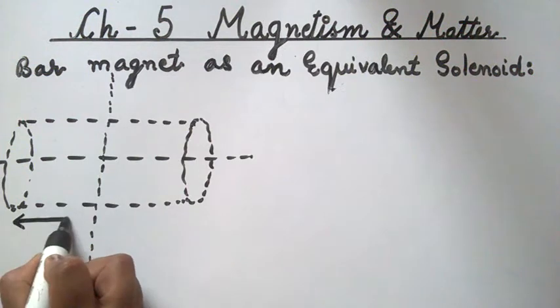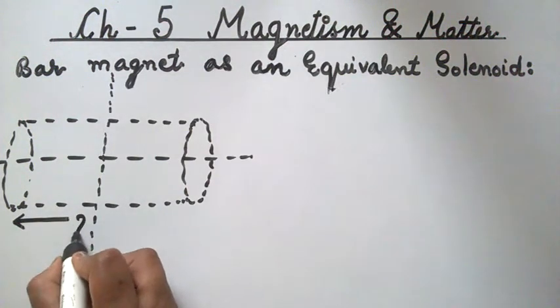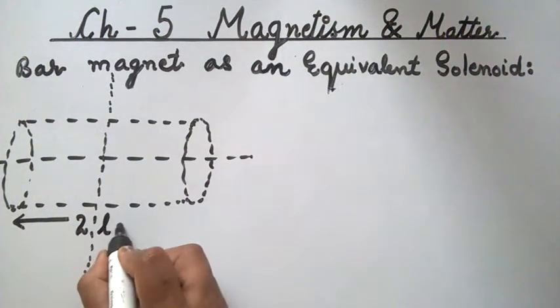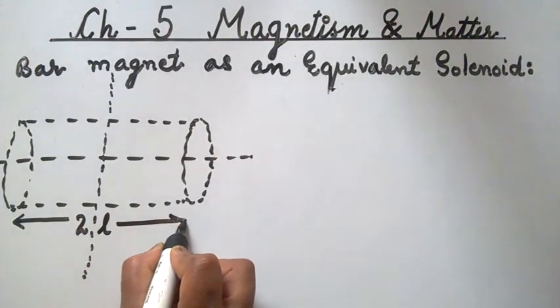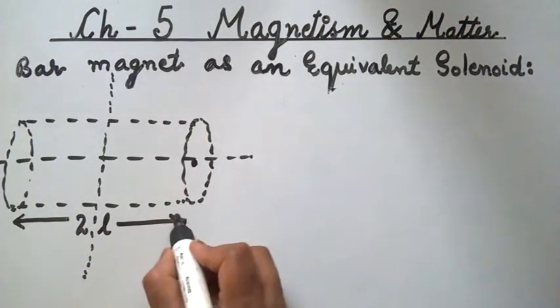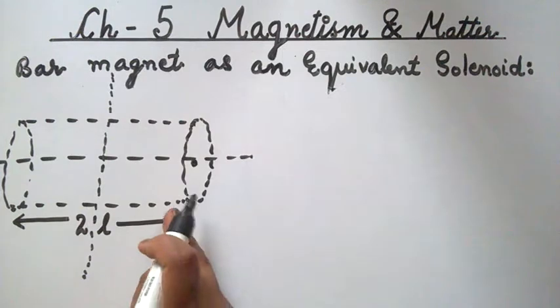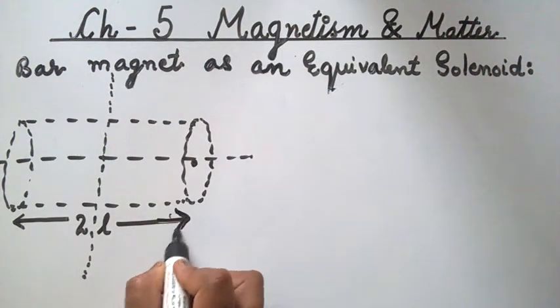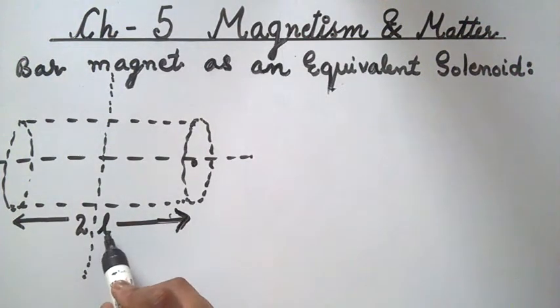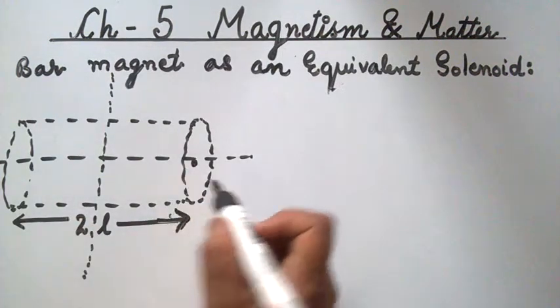The effective length between the poles is 2L. The direction of this magnetic length is from south to north.